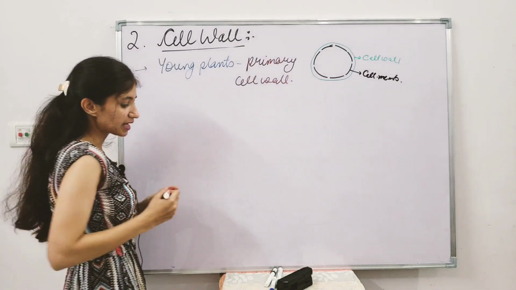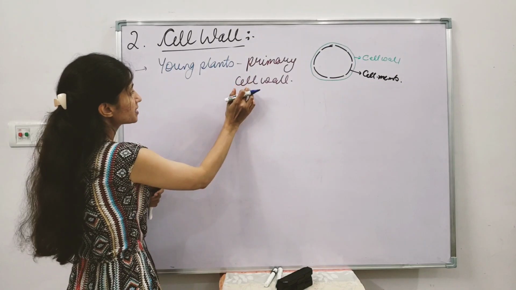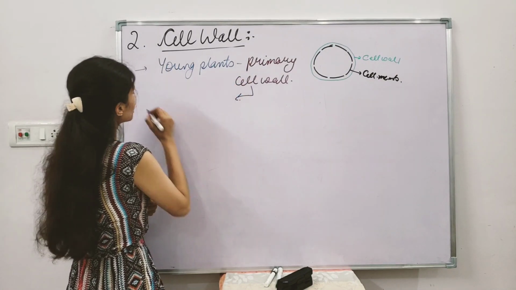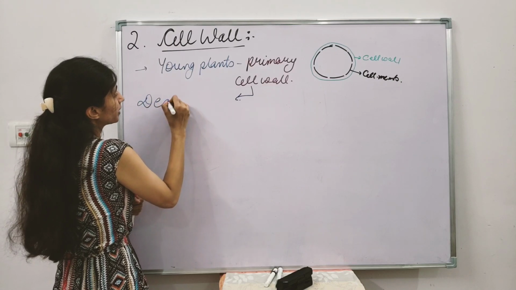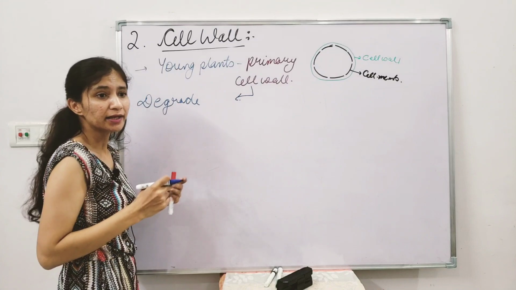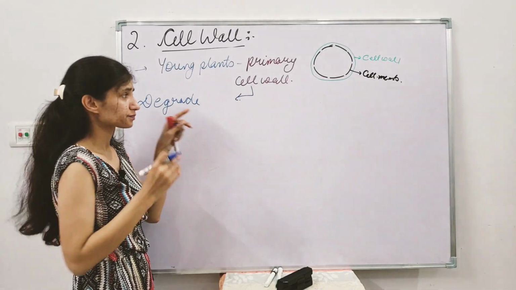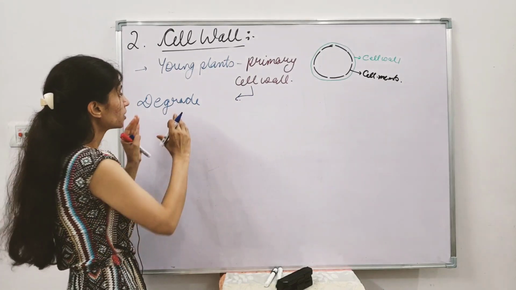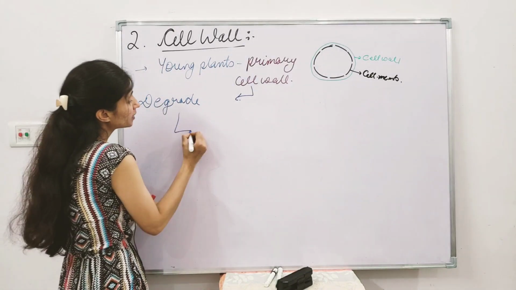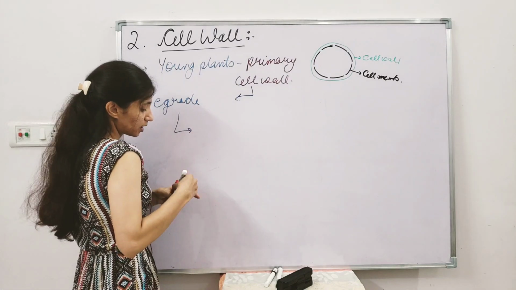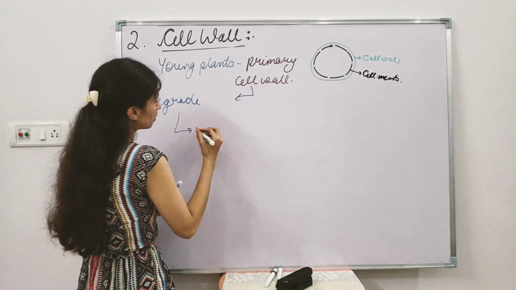Young plants have a primary cell wall, but this primary cell wall will degrade once the plants start to grow older and bigger. So it will start degrading. Now what will happen during the degradation of the primary cell wall? There will be a secondary cell wall that will come up.